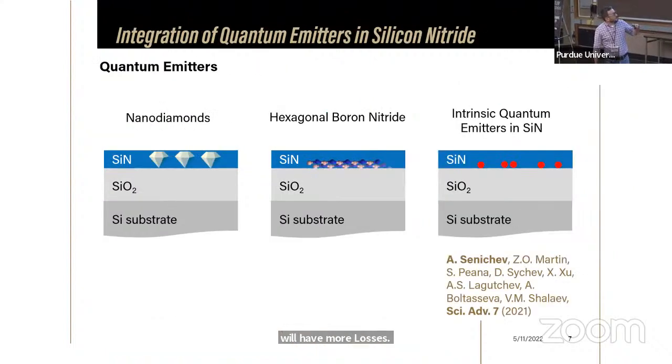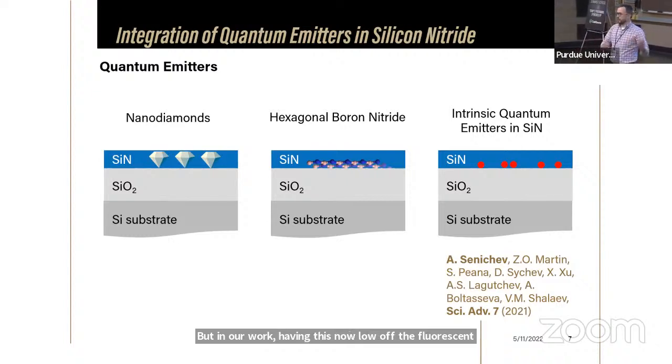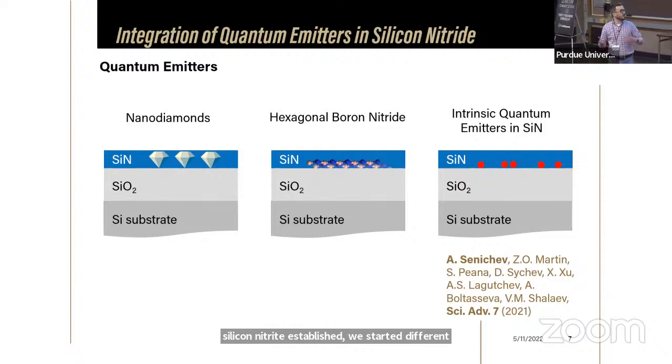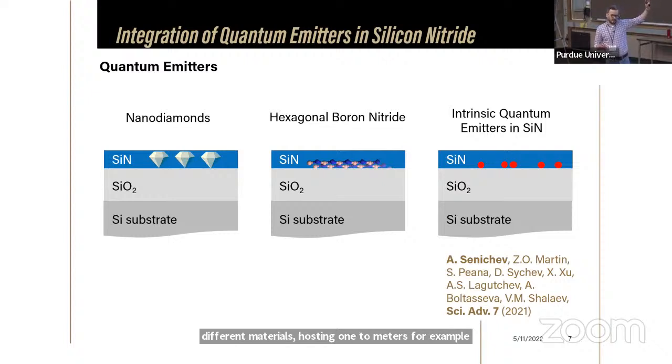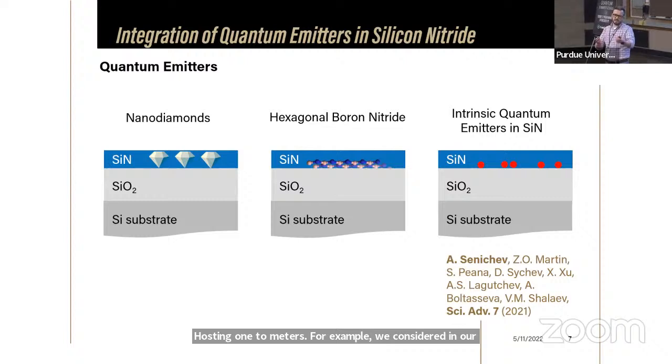But in our work, having this low autofluorescence silicon nitride established, we studied different approaches to combine or integrate this material with different materials hosting quantum emitters. For example, we considered nanodiamonds with NV centers, which are the most studied and most promising quantum emitters for applications.